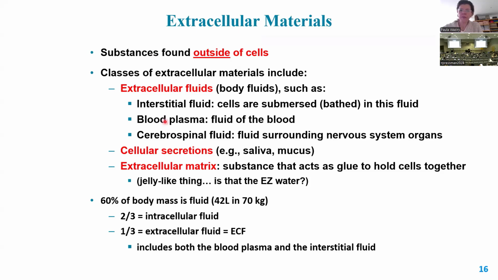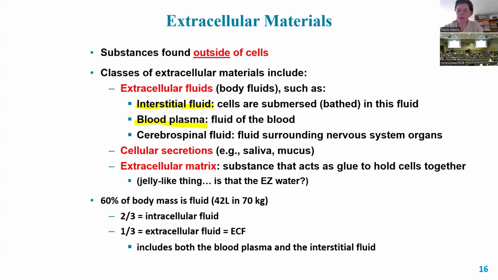You have blood plasma, you have cerebrospinal fluid, and you also have interstitial fluid. That's the name we give to the stuff that is between the cells in your body, the stuff that bathes your cells in the body.